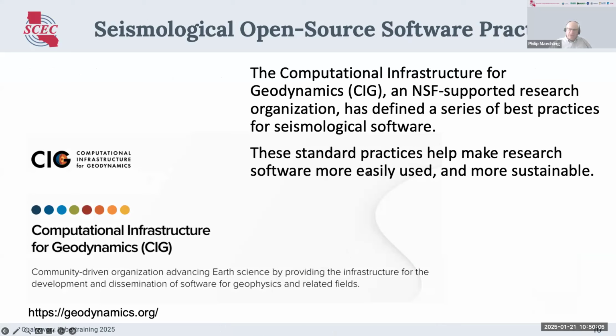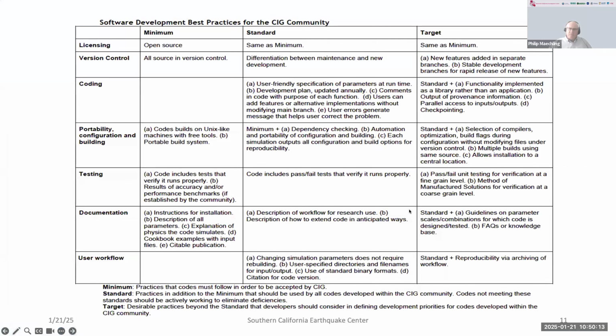I think it's convincing that if we use those practices, our software will be more easily used and more sustainable. So this is an outline of the best practices that CIG has identified for our research community. On the left are the areas that are practice areas.